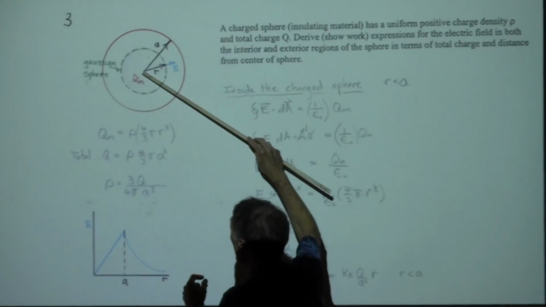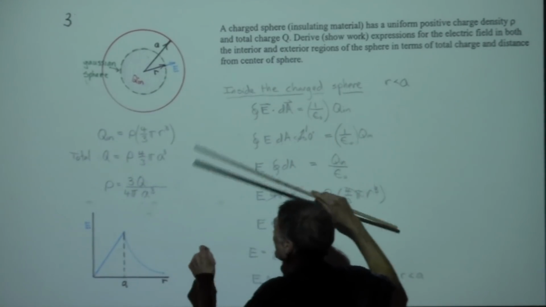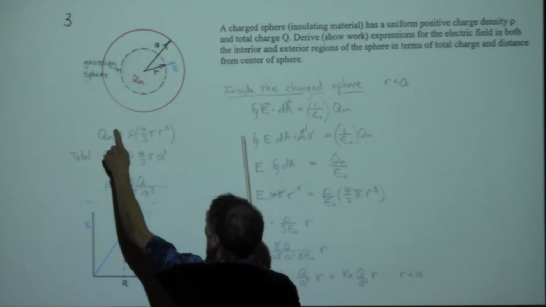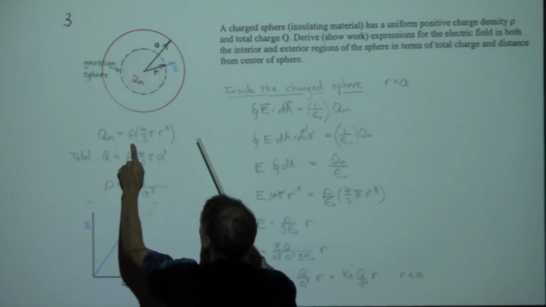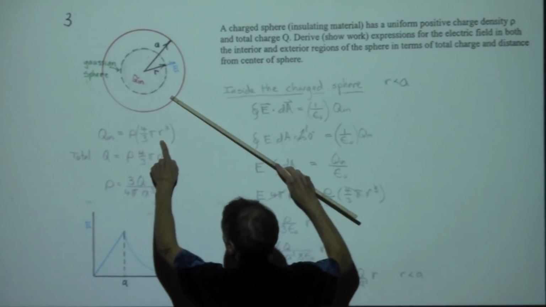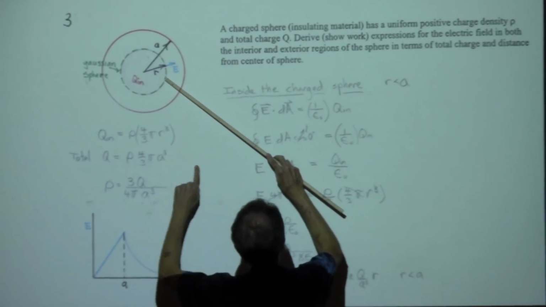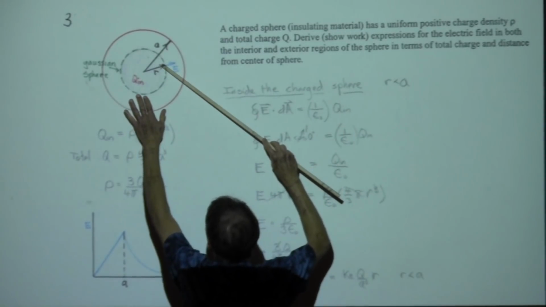Okay, a little note on charge here. This idea of, again, charge density. What is that? We can look at the total charge inside as the charge density times the volume of the sphere. Remember, I need the Q that's inside this sphere.